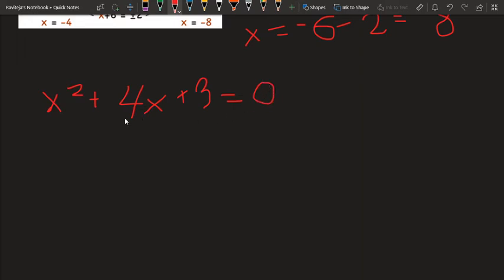Let's look for if there's a GCF. Since there's no term or coefficient in front of the x squared, we move on. We'd subtract the c from both sides, which would lead us to x squared plus 4x equals negative 3. Okay. Now the next step, remember, it's best to get used to not using a blank box and just doing it in your head. Okay, what's the equation? Right, b over 2 squared.